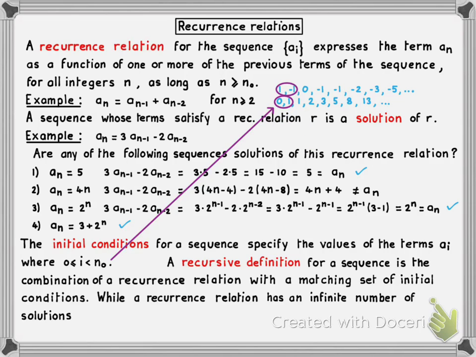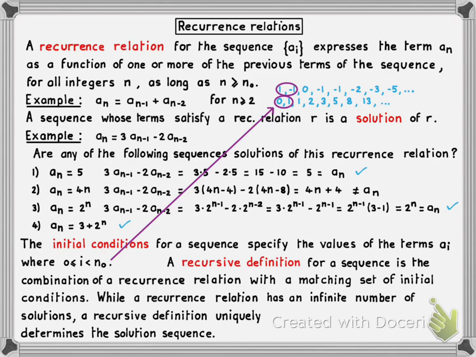However, once you fix the initial conditions, what you get is a recursive definition, and this recursive definition uniquely determines the sequence, meaning there's only one sequence of terms that satisfy a recursive definition, but there are an infinite number of sequences that are solutions of a recurrence relation if you don't provide a matching set of initial conditions.